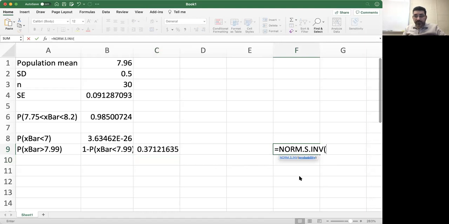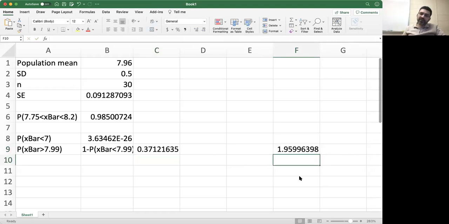I just said to you, the probability here will be 1 minus alpha, 0.05 divided by 2, like this, and enter. So look, it's 1.9599, which means 1.96, as you can see. Of course, you can do this for any confidence level.